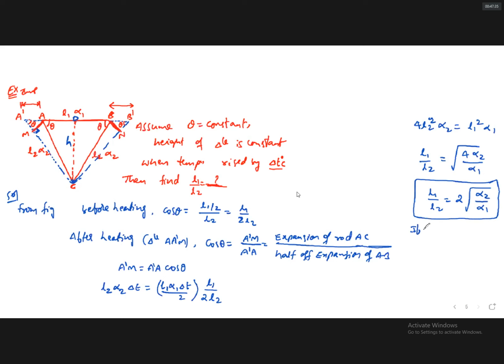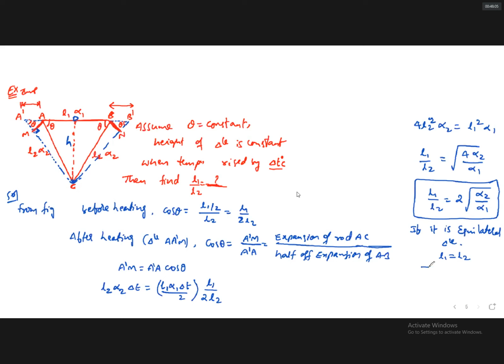If it is an equilateral triangle, L1 is equal to L2. If L1 is equal to L2, what do we get?